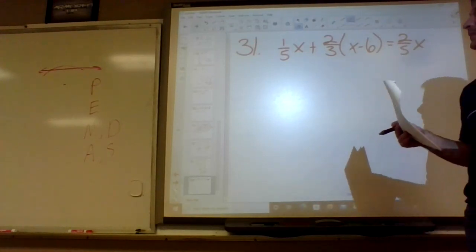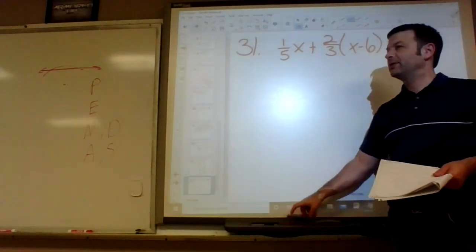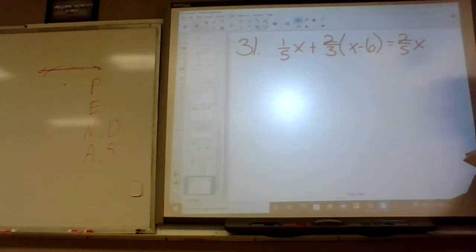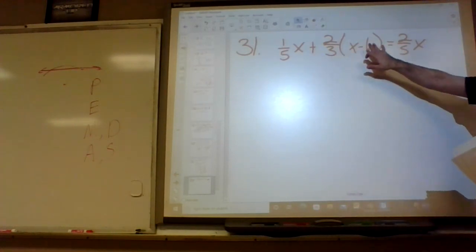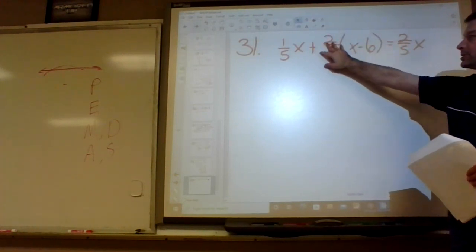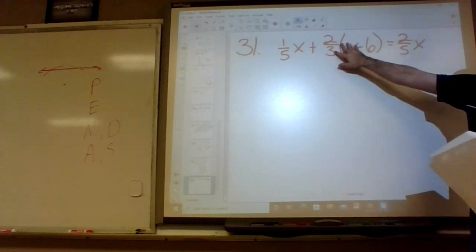Do all the normal stuff. There is a way to get rid of fractions that we learned in this chapter, though. You look at every term. Since this is all multiplied together, this counts as one term, this is one term, and this is one term.